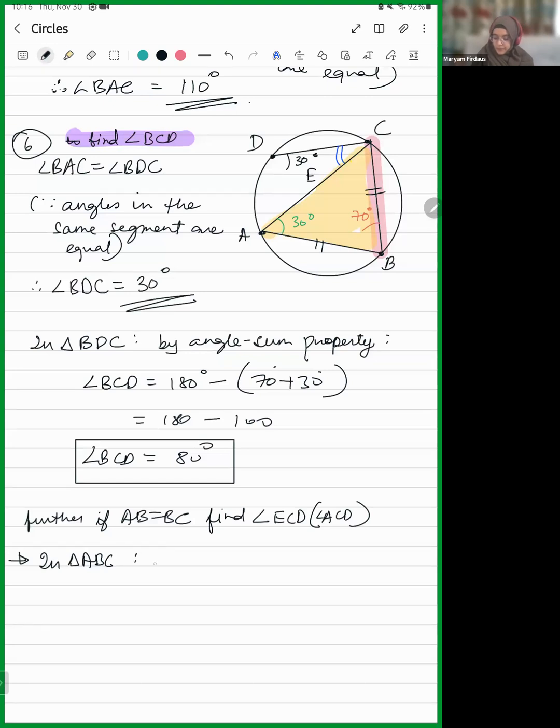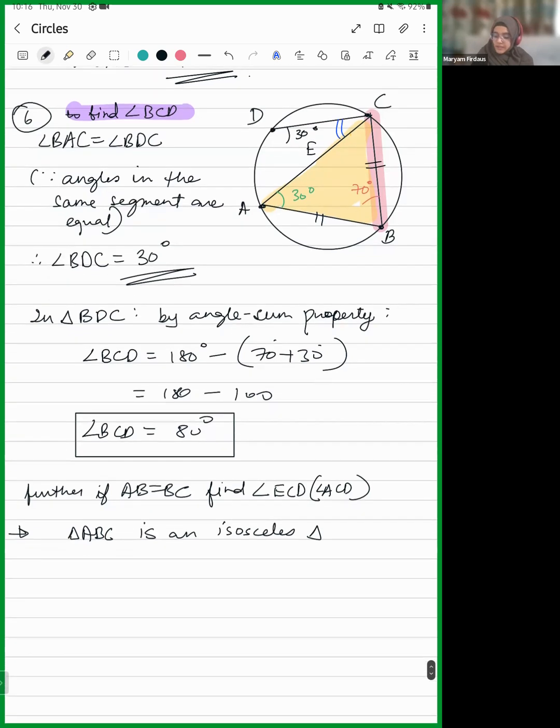Triangle ABC is an isosceles triangle since AB equals BC. What do we know about the angles of an isosceles triangle? Two angles are equal and one angle is not. Very good. So in other words, angles opposite to equal sides are equal. Please write it down.